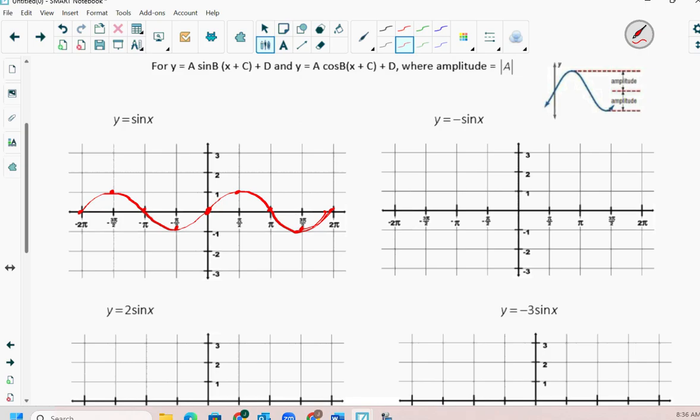Okay, so you've got the visual now of the parent graph of sine. Every time we graph, if you want to plot just the position of those parent graph dots, you can. So I'm going to do them in red. I'm just going to put them in their normal position. I'm not going to connect them.